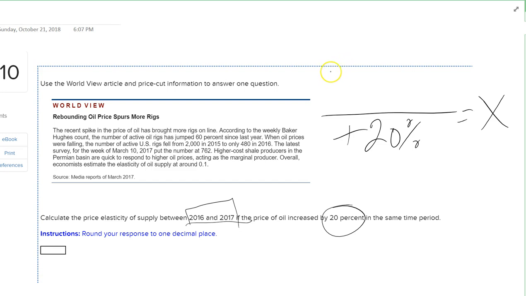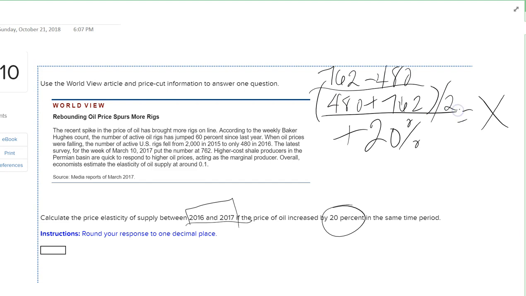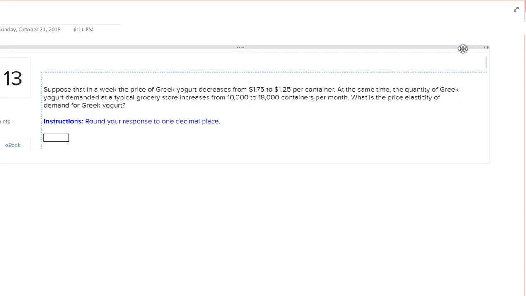So we're going to take quantity 2, which is the new quantity, 762 in 2017, minus the 480 over 480 plus 762. And we're taking the average of that, so we're going to divide that quantity by 2. And once we have that on the top, we do a nice simple calculation to get the elasticity of supply. So setup is probably where you might be having some challenges.